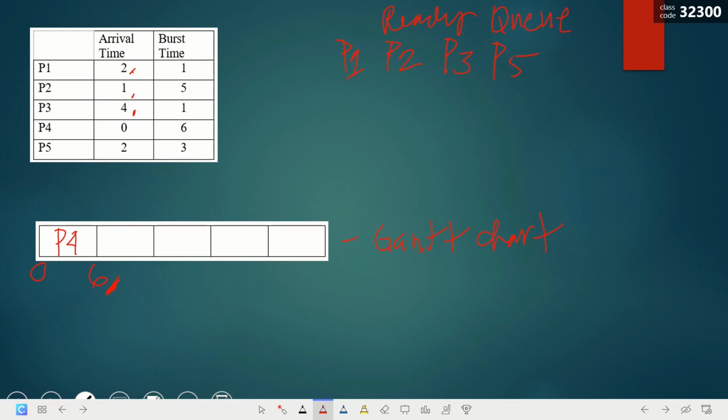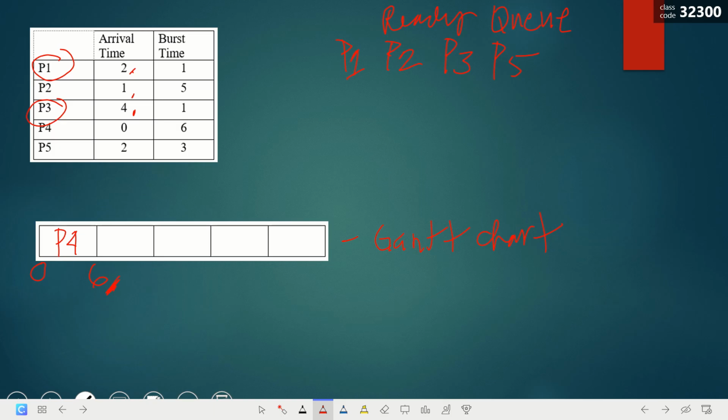Now we apply the shortest job first, or SJF. How do we select the process having the shortest burst time? From all the available processes, we need to pick. Two processes have the same burst time, P1 and P3. P1 arrived at time 2 and P3 at time 4.